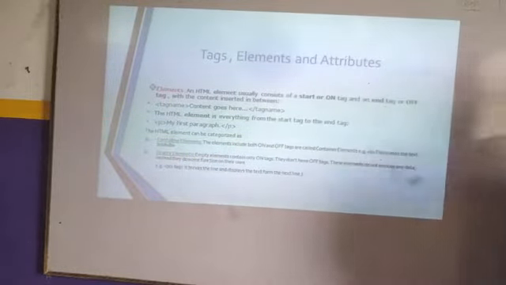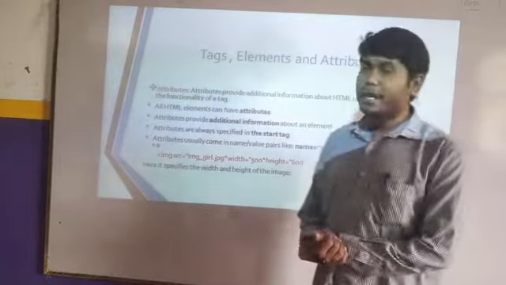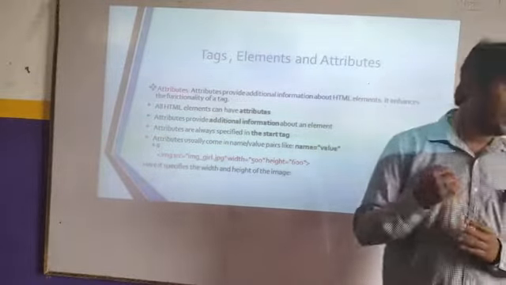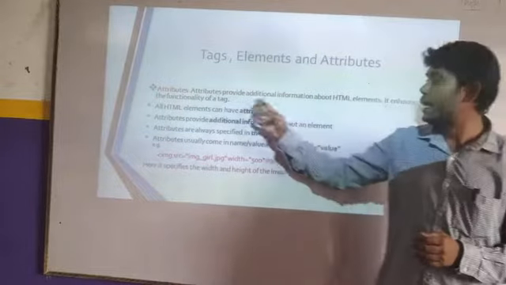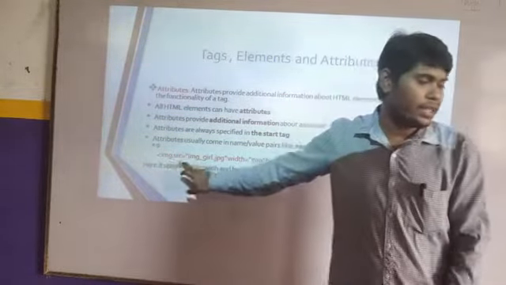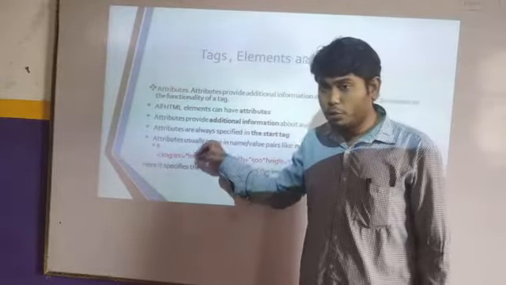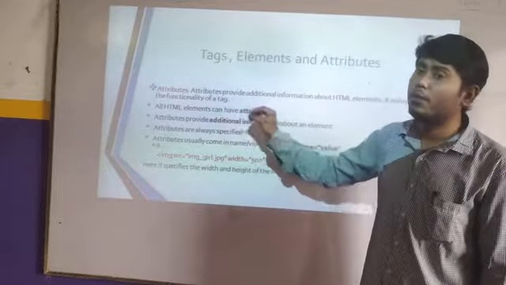Next, attributes. What is the meaning of attributes? Attributes provide additional information about an HTML element. They enhance the functionality of the tag. Let's take one example. I have written one code here, the img tag. See the SRC, with which we import an image into our web browser.